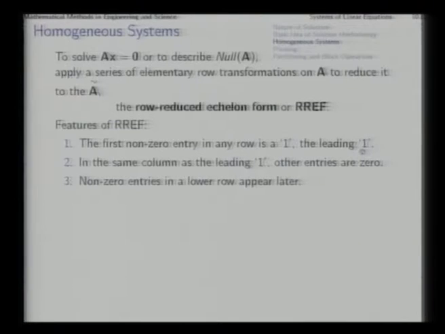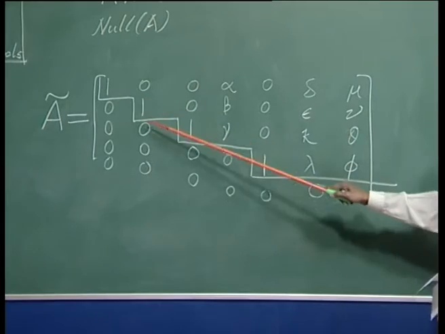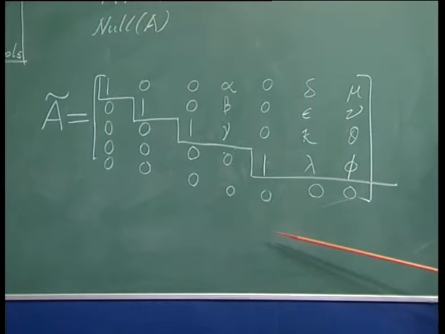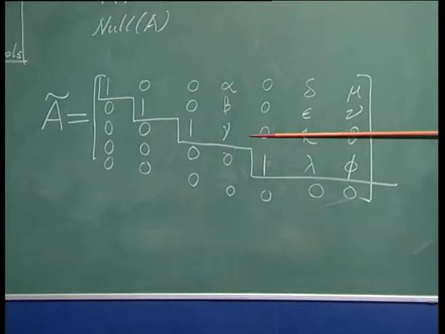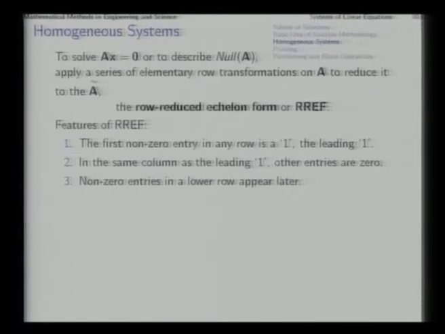The second feature is that in the same column as the leading 1, other entries are 0. Wherever that leading 1 appears, in that column other entries are all 0, above and below. The third feature is that non-zero entries in a lower row appear later. The non-zero entries in this row will appear later than in this row, and so on. So with these three features, we have got the row reduced echelon form.